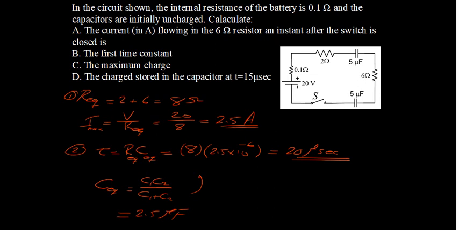Now he's asking me to find the maximum charge that can be stored in this capacitor. So number 3, the Q max will be the C equivalent, the maximum charge will be stored in these two capacitors, times the voltage.